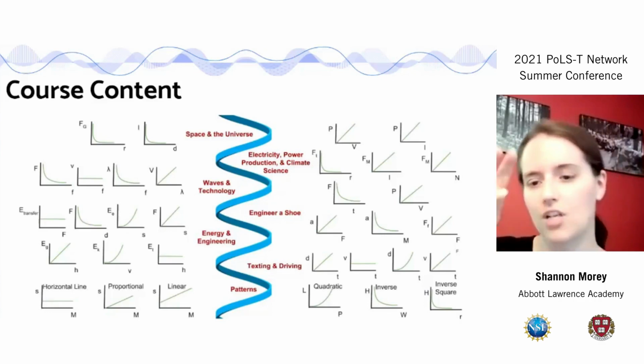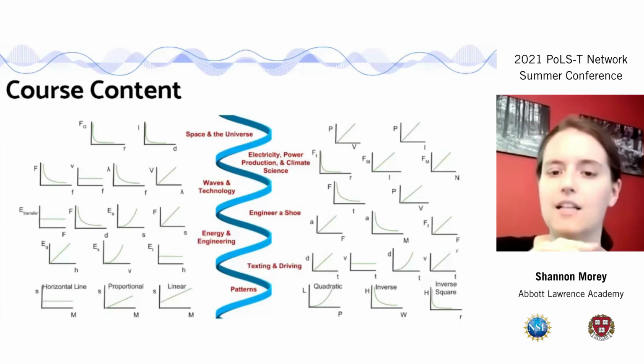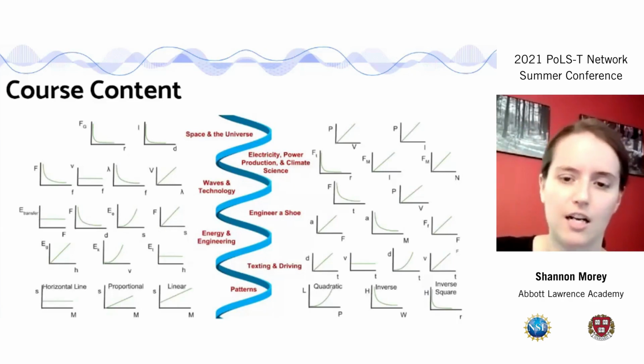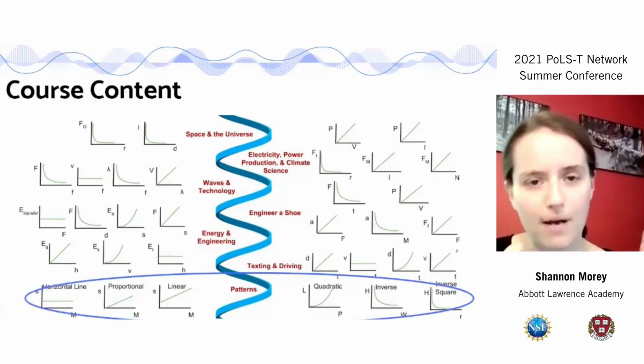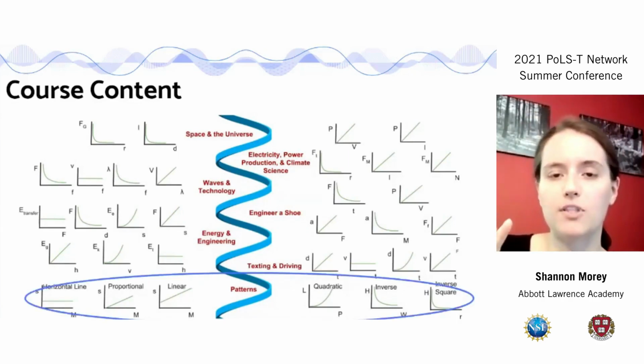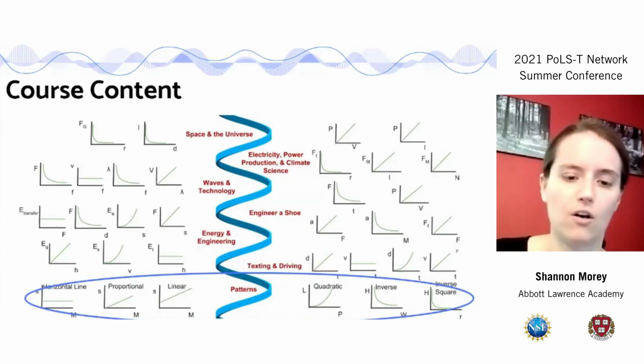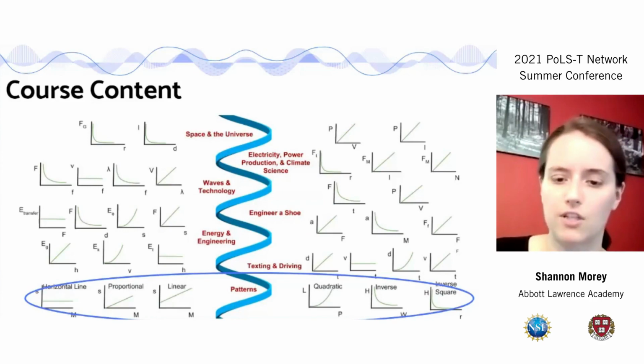Engineering a shoe, talk a lot about forces, waves and technology, electricity, power production and climate science, and then space in the universe. I do want to talk about the patterns unit because it really is foundational to this entire course. It's something that I have found has greatly improved my students' understanding throughout the entire year.